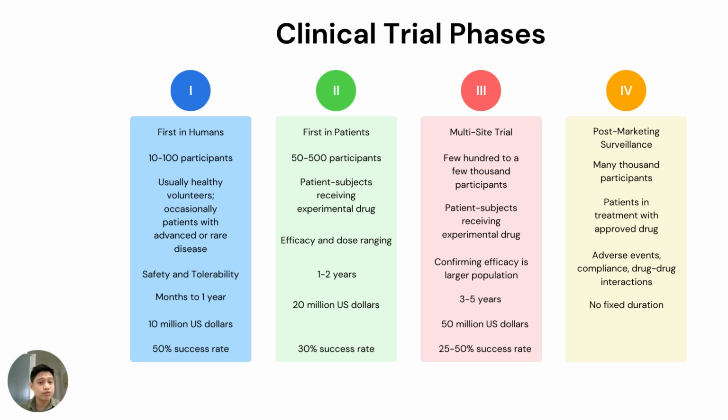We have up to a few thousand participants, and same as in phase 2, our subjects are patients with the disease receiving an experimental therapy. So our goal here would be to confirm the efficacy of the drug in a larger population. And this lasts for up to 5 years. This is very expensive: 50 million US dollars with an estimated success rate of 50%.